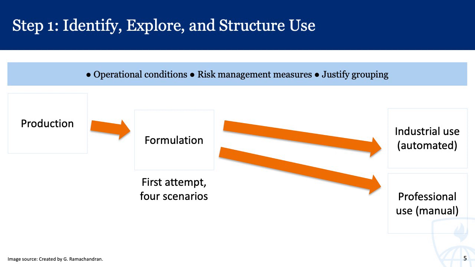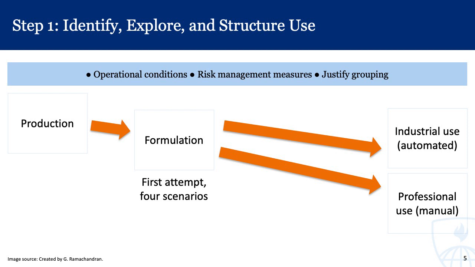So in the first attempt, we would break down the entire life cycle up to its use in the commercial chain into four scenarios. In the first step, we consider all of the production scenarios as equivalent. And we know this is a very gross simplification, and we have discussed in the past how in an industrial situation there are many similar exposure groups. We are essentially going to combine all of them into one exposure scenario called production.